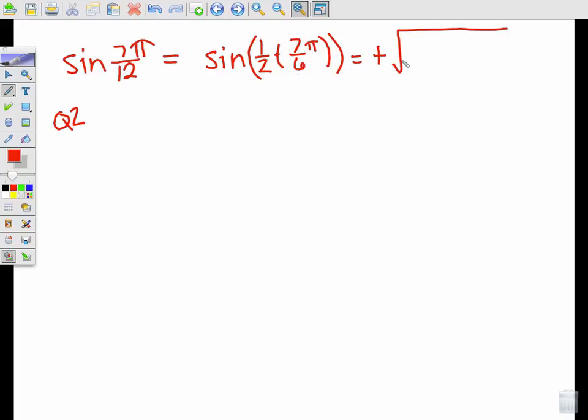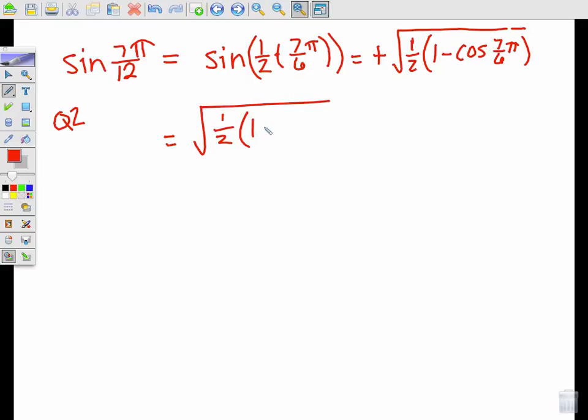So positive square root of, we're using the half angle, so I've got 1/2 times 1 minus the cosine, so 1 minus cosine of, and what I would want to do here is do the cosine of 7/6 pi.